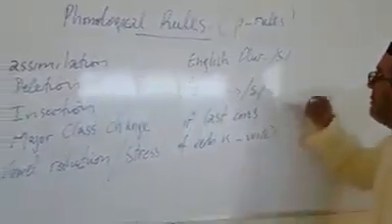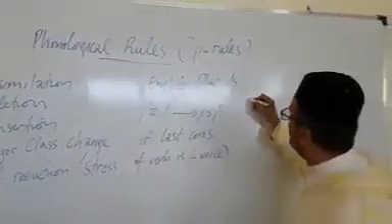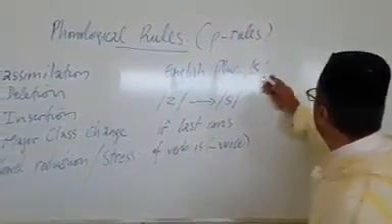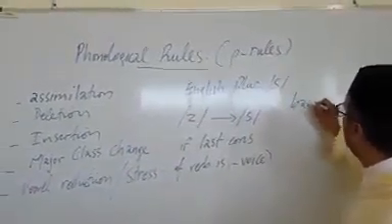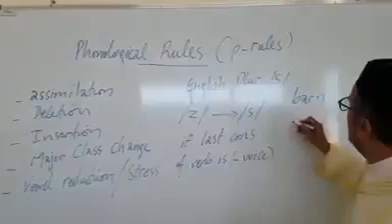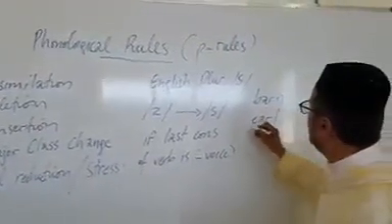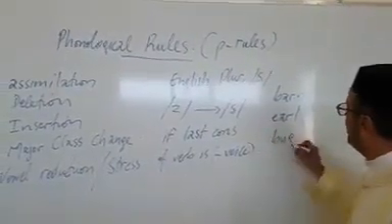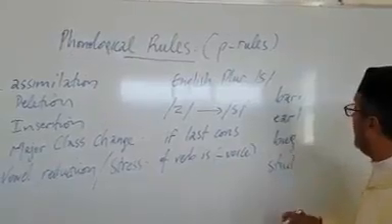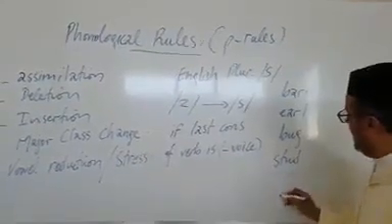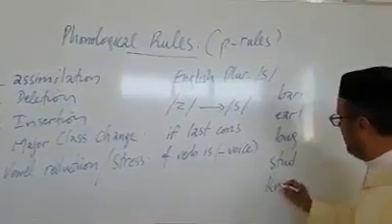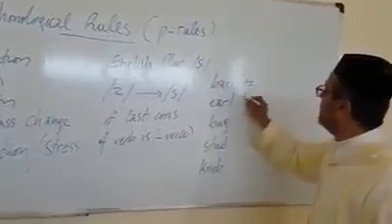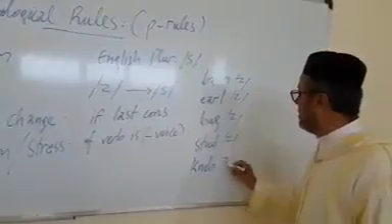So, for example, we have learn, born, ear, per, buck, stud, and knock. Of course, here, all of these are pronounced as z.